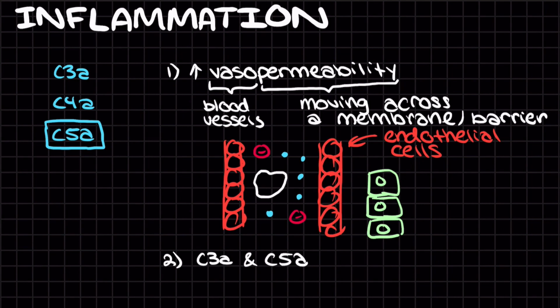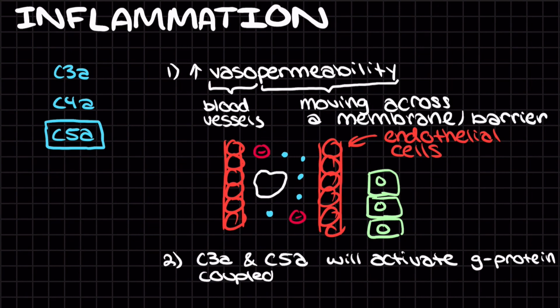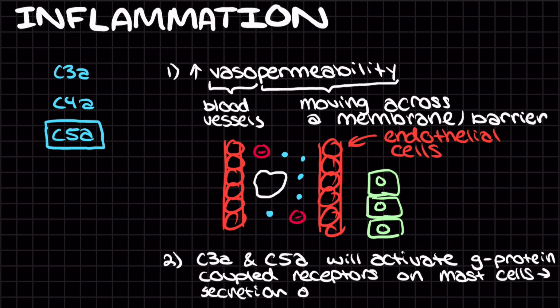C3a and C5a will activate G protein coupled receptors on mast cells, and this leads to the secretion of other inflammatory agents.